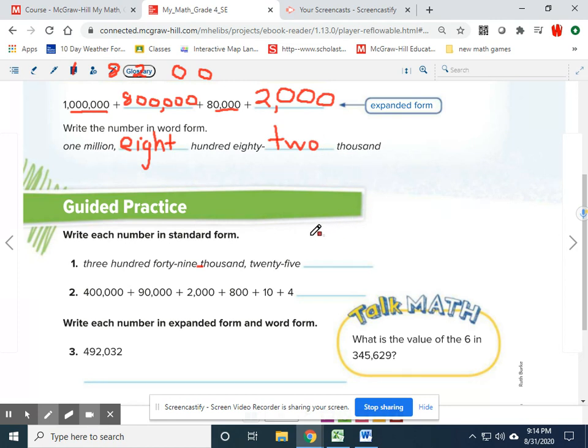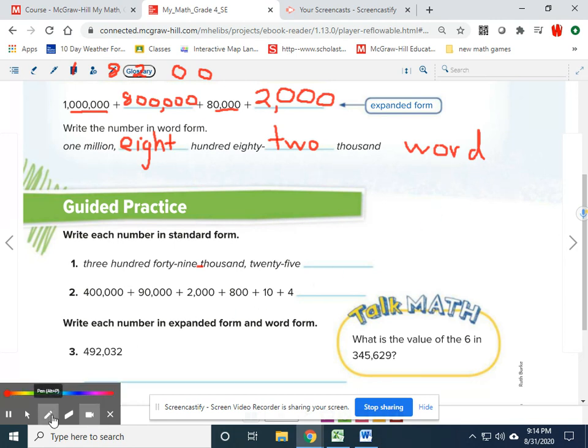So this is written in word form. 1,882,000. So there are 3 types of ways to write numbers. Standard form, which is the number itself. Expanded form, which is where we expand it out, make each number have value. And then word form, where we write it out using words.